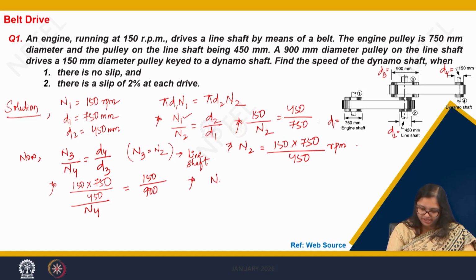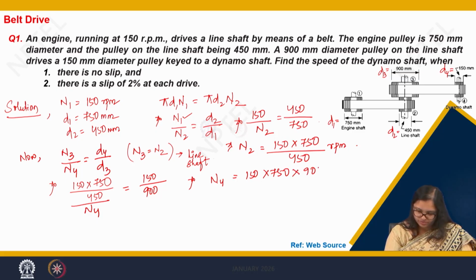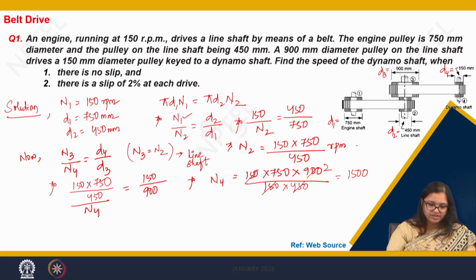Finally, N4 is 150 into 750 into 900, divided by 150 into 450. So, this gets cancelled out, and this is 2. So, N4 is 1500 rpm.